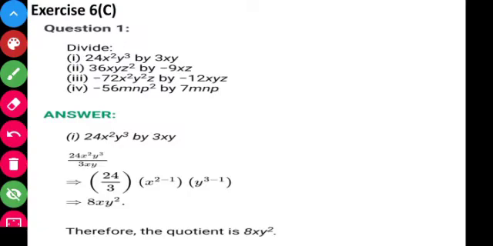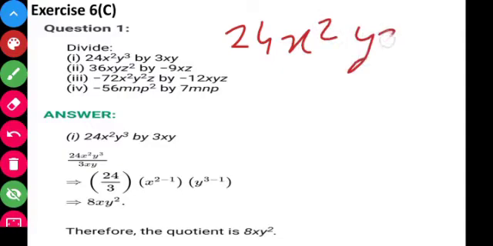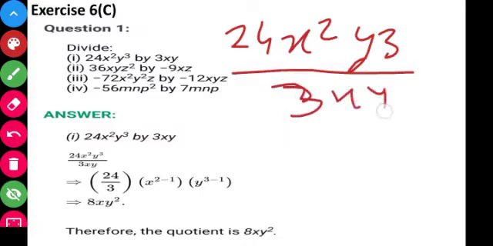Okay, the first part is given: 24 x square y cube, divided by 3xy, so you can write this as 24x square y cube upon 3xy. So here 3 cancels 24, how many times? 8 times.